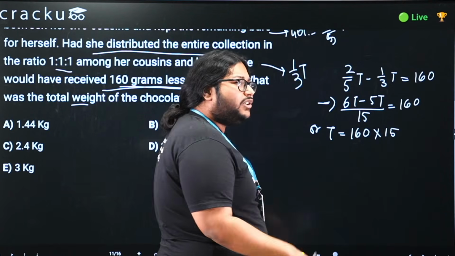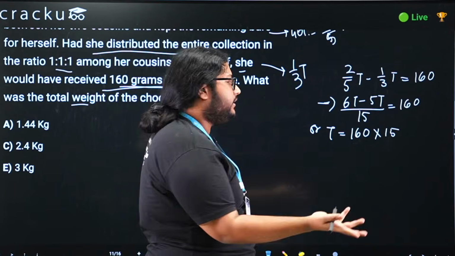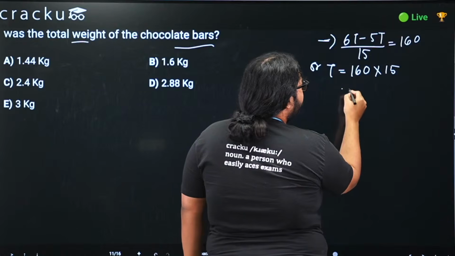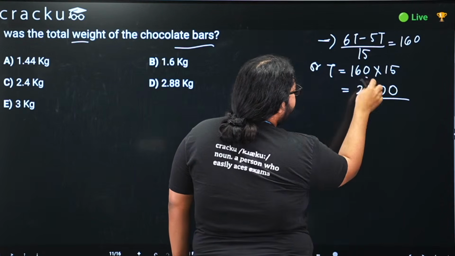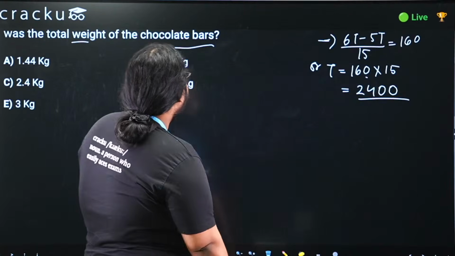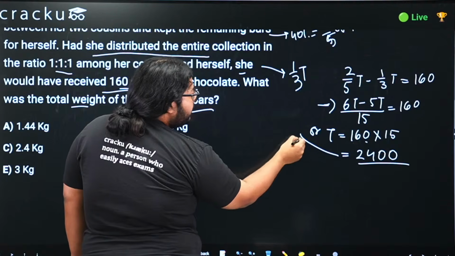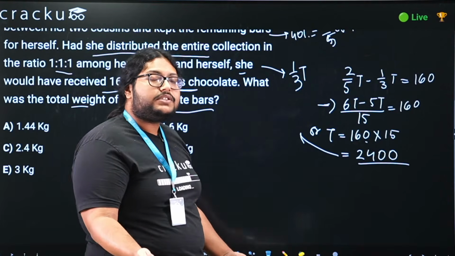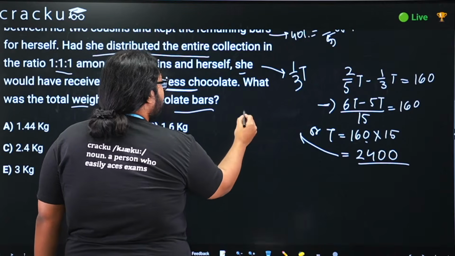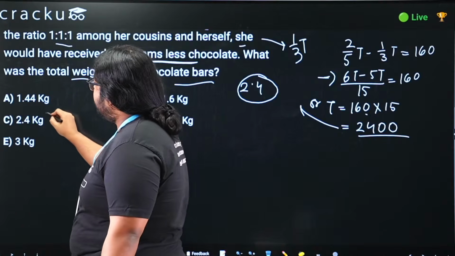Now 15 into 15 is 225, 225 plus 15 is 240, and another 0 because of this. So 2400, this was 160 grams. So the total weight is 2400 grams, which is 2400 by 1000, which is 2.4 kg. So the correct answer here is 2.4 kg.